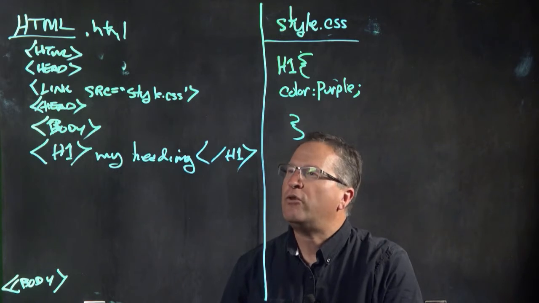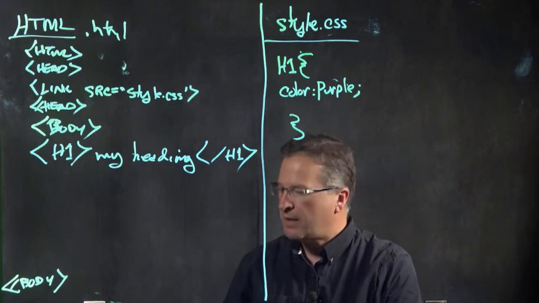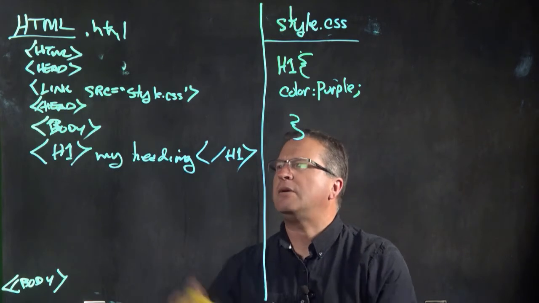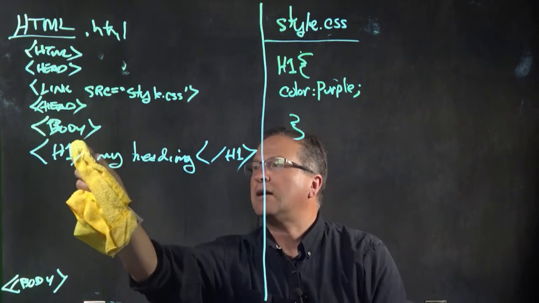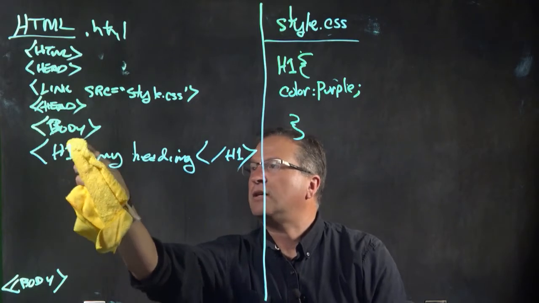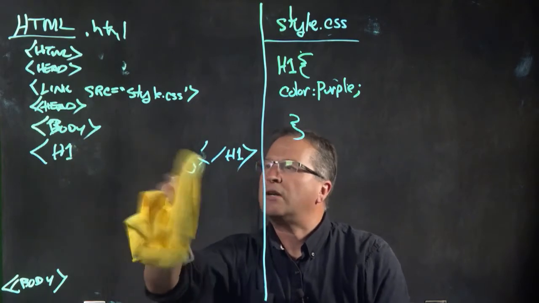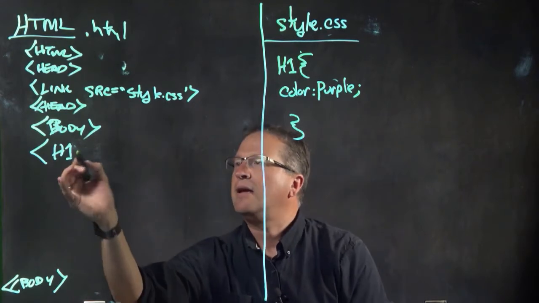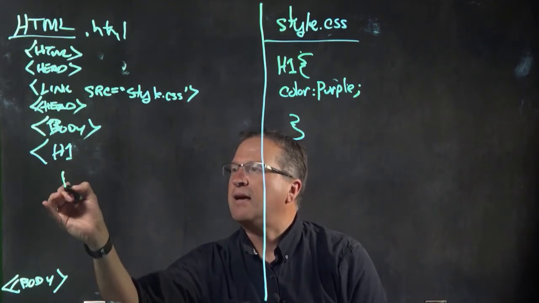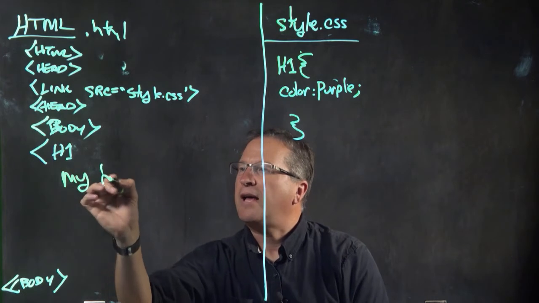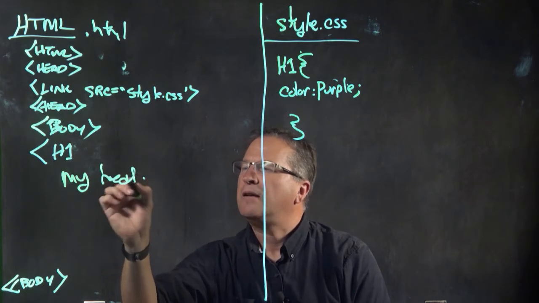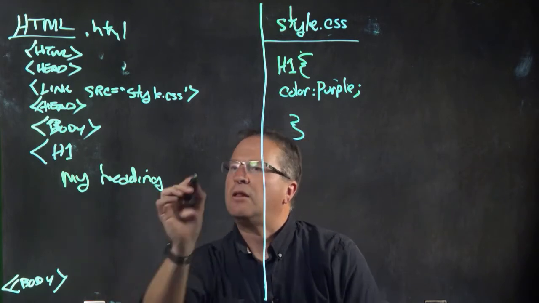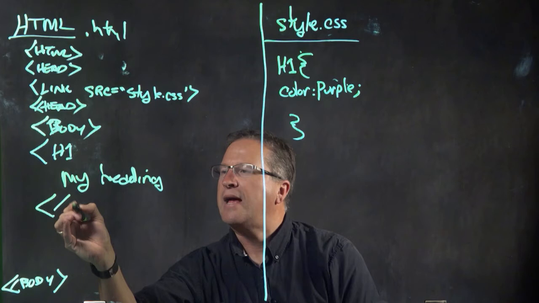But for example, maybe we want to get more specific. One of the things I want to do is say, look, only certain headings I want to be purple. So I'm going to come back here, clean that code up a little bit, and move this down. I'm going to leave that there, and I'm going to add my heading, and then close that heading tag.